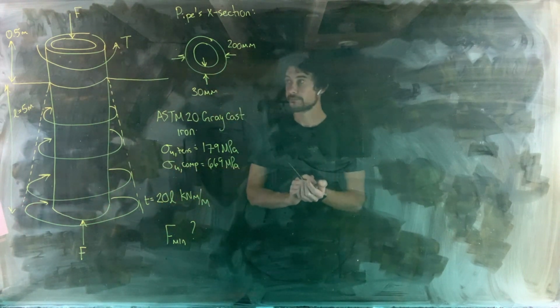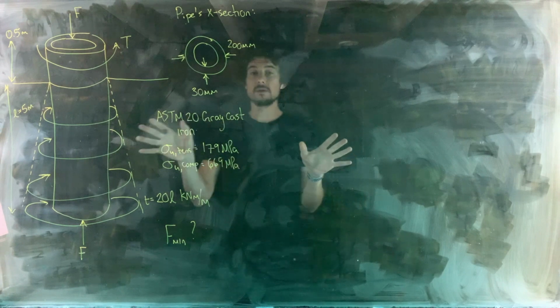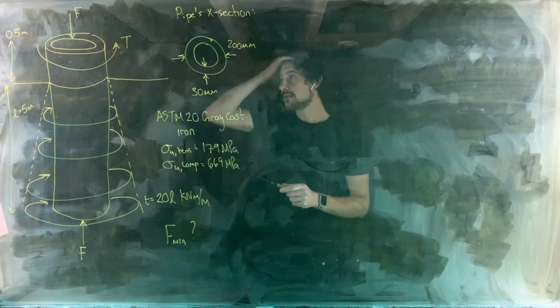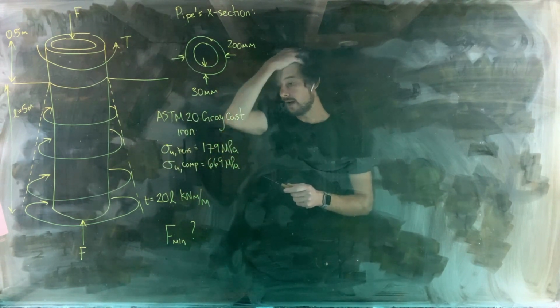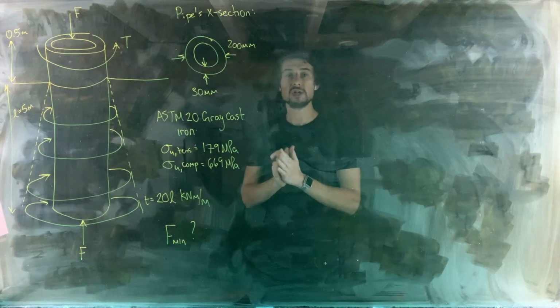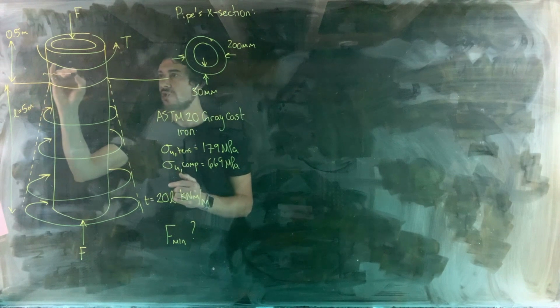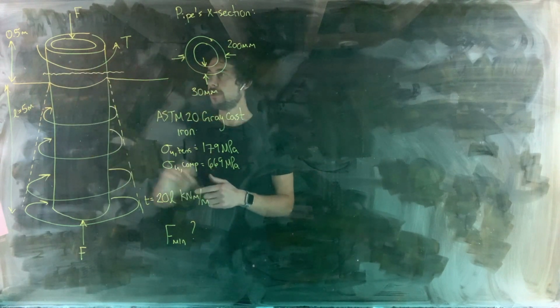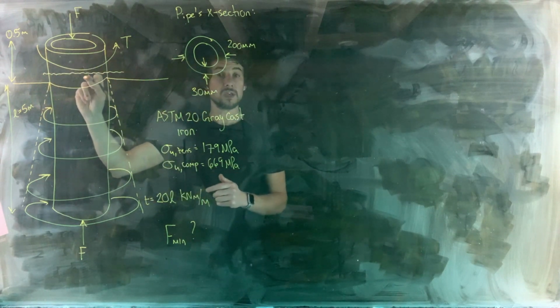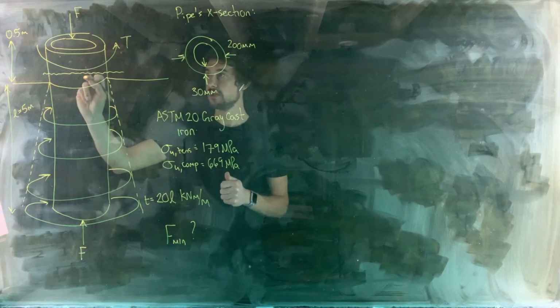Okay. So let's go about solving this problem. Okay, so the first thing we're going to do is get a sense of what the loading situation is like within the pipe. So let's do a section cut at this location here where the internal torque is going to be the greatest.